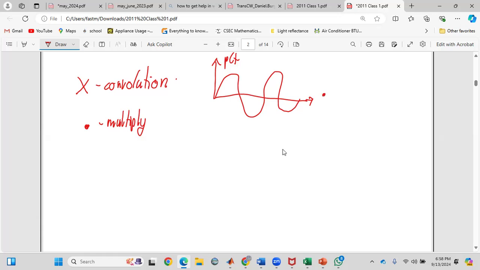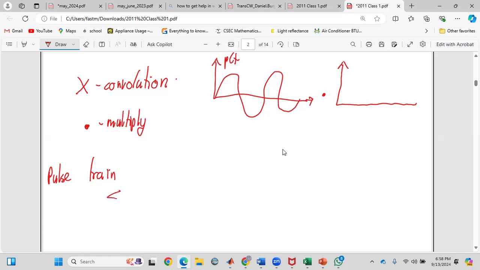So if I multiply this by a function, I can sample it. And the name of this specific function is called a pulse train. It's just a train of pulses, as the word says. Exactly as it says is what it is. So let me put down how a pulse train looks.